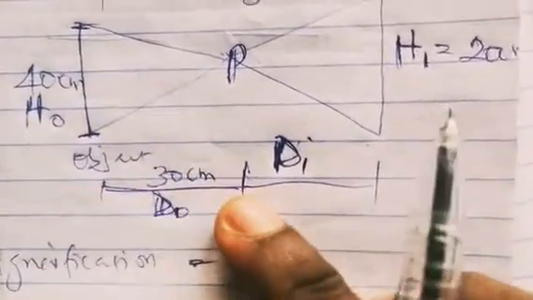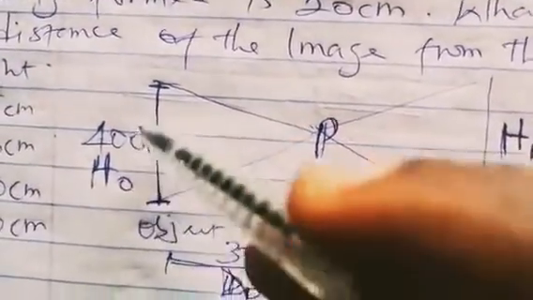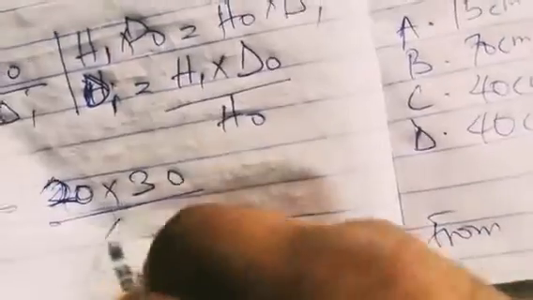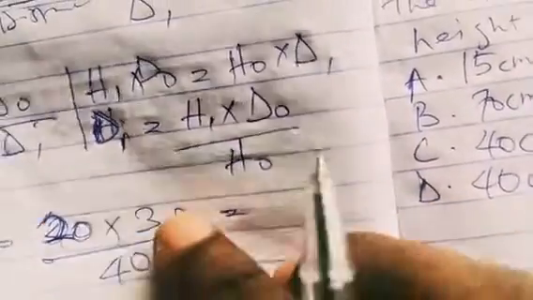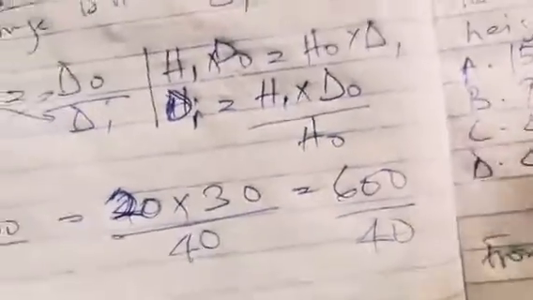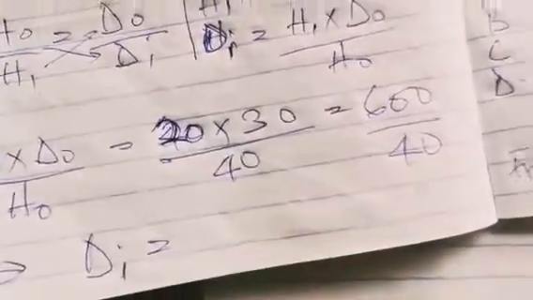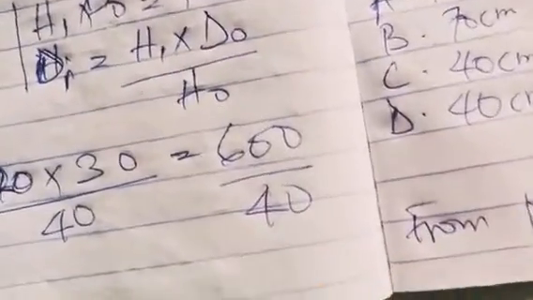The object distance was given to us as 30 centimeters, so we'll have times 30 divided by the object height. The object height was given to us as 40 centimeters, so divided by 40. So this is actually 20 times 30 is 600 divided by 40. So that implies that the distance of the image from the pinhole camera is simply 600 divided by 40. So the correct answer is simply 15 centimeters.